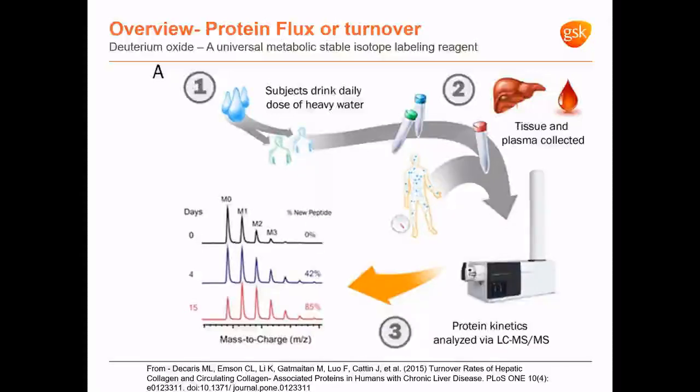You're using the same tracer and basically the same analytical tools, so that translation from preclinical to clinical activities is relatively seamless. And it's pretty exciting to me to be able to think about doing stable isotope labeling in humans the same way you would with a SILAC mouse.